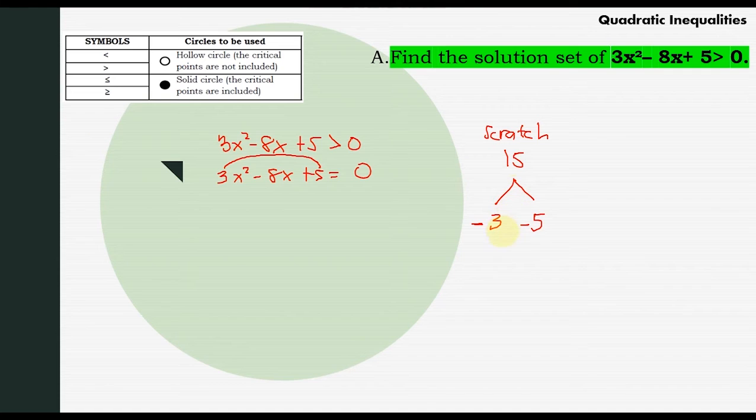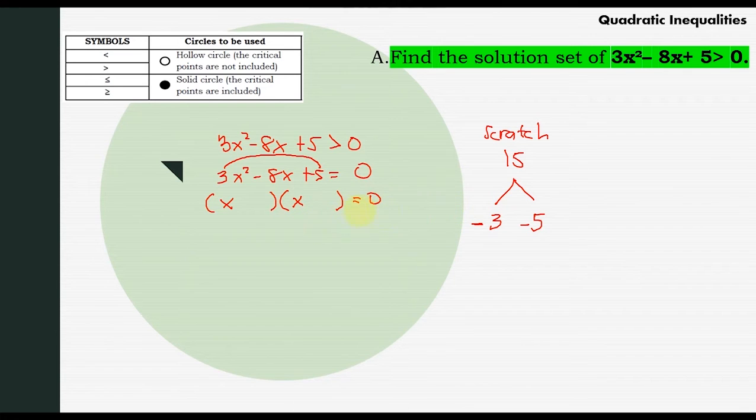And at the same time, if I add the two factors, negative 3 minus 5 is equal to negative 8. So these will be my factors. Then I should put below our equation x, some open and close parentheses, equals 0.